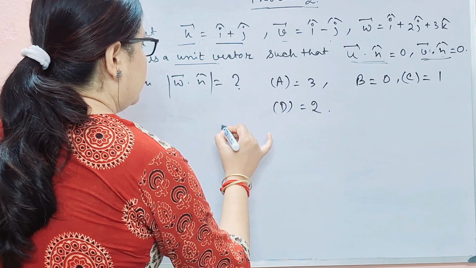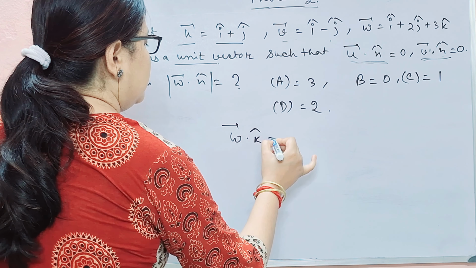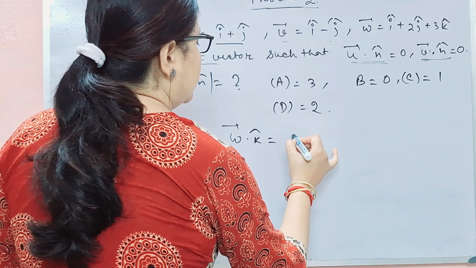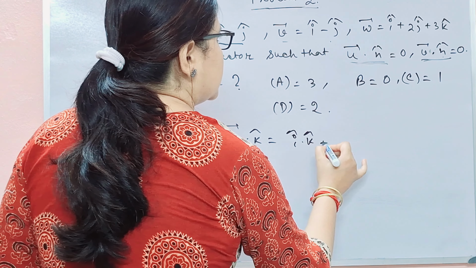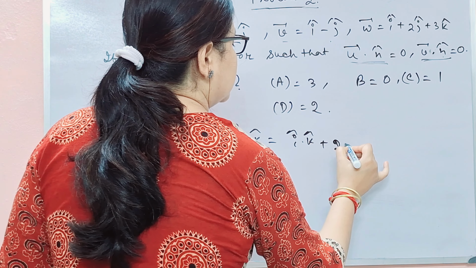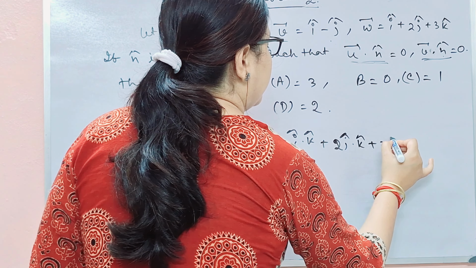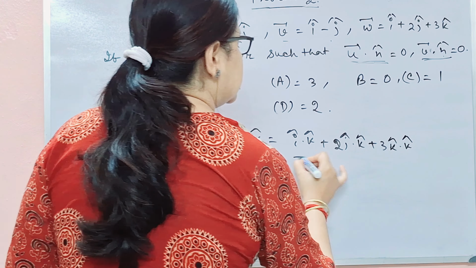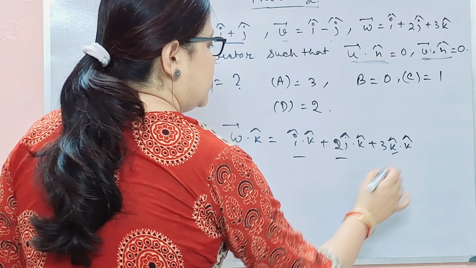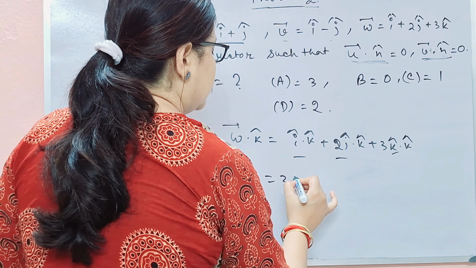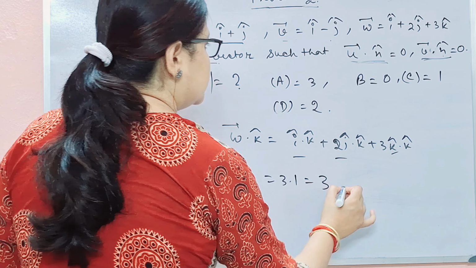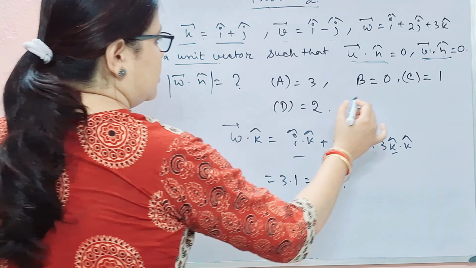So w dot k will be equal to i dot k plus 2 j dot k plus 3 k dot k, and that is 0, that is 0, and that will be 1. So 3 into 1 equals 3. This is the correct option.